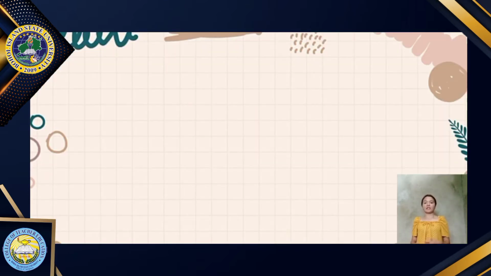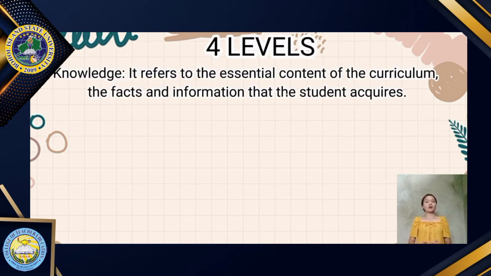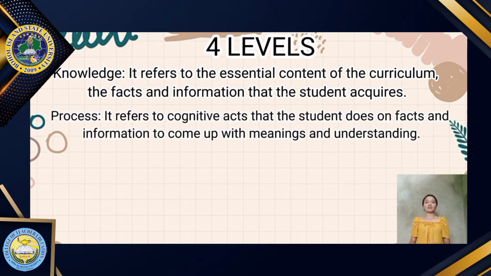The Department of Education issued an order stating that assessment will be done in 4 levels and will be weighted accordingly. These levels are the following. First, knowledge. It refers to the essential content of the curriculum, the facts and information that the student acquires. Second, process.